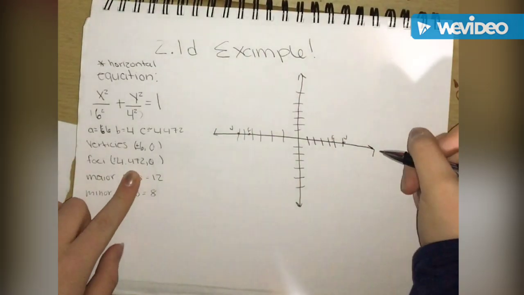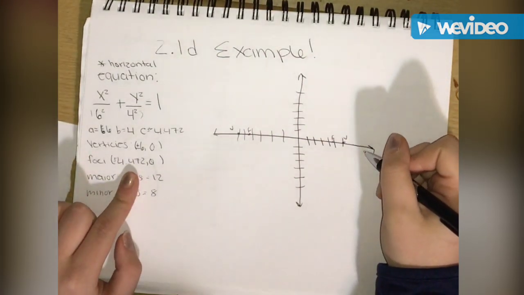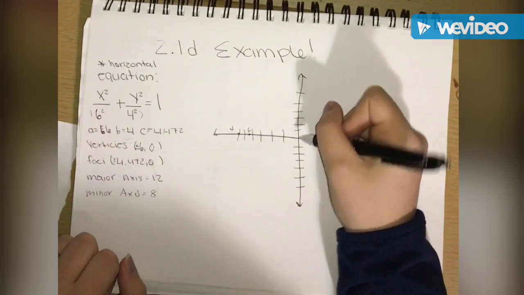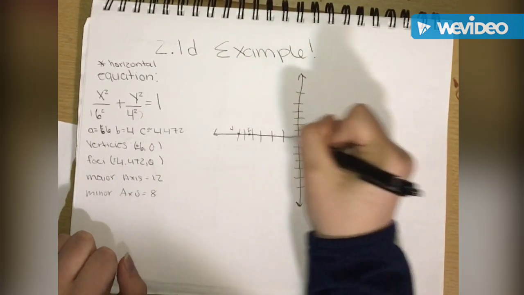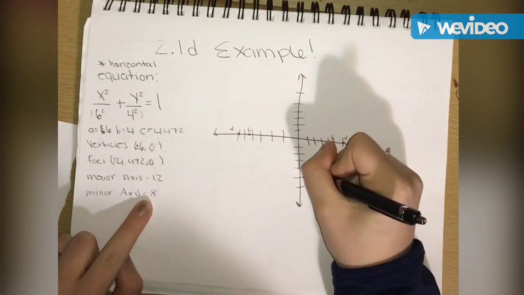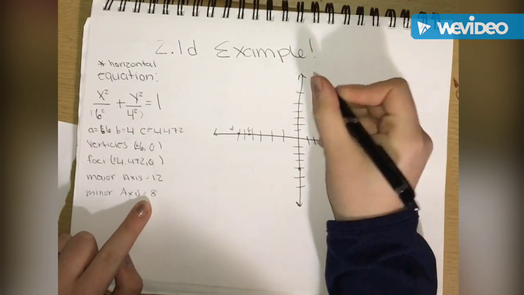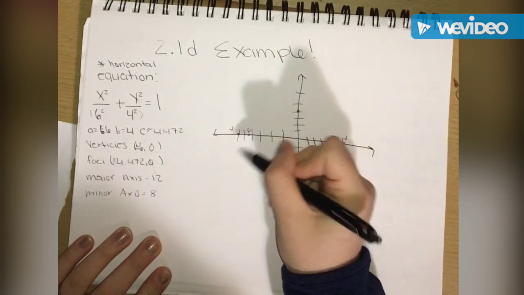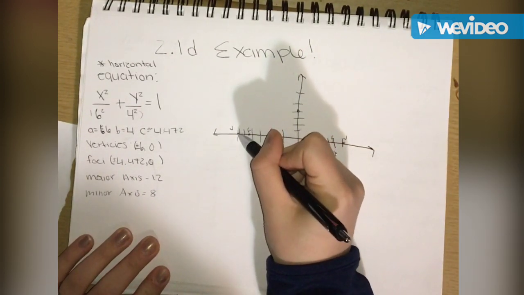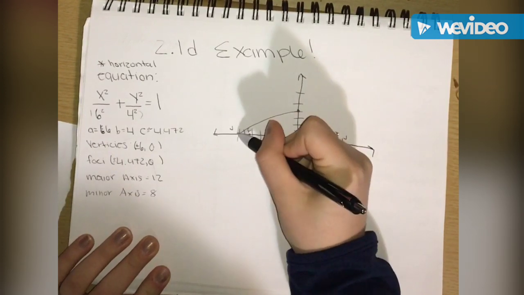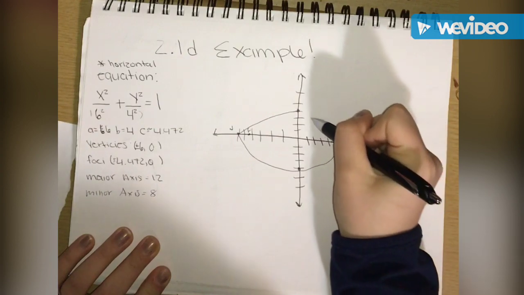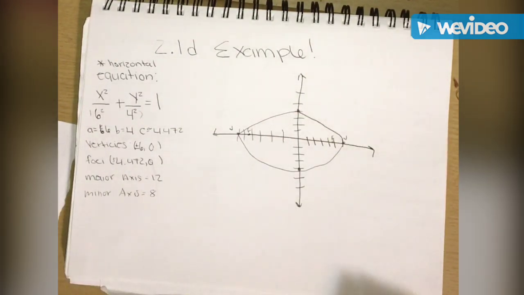And then you can do your major axis, and then your minor axis, where you'd go 4 down and 4 up. And then you'd circle around. This one should look just like a football, like our first one. And there you go. There's your ellipse.